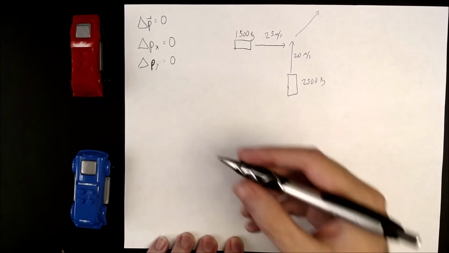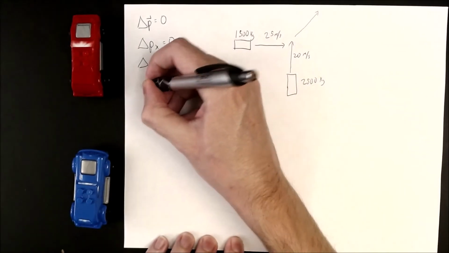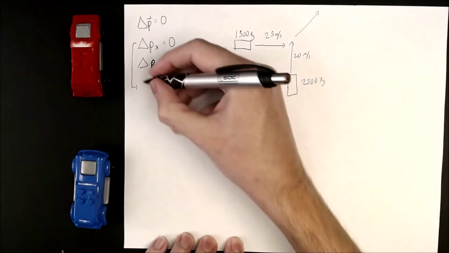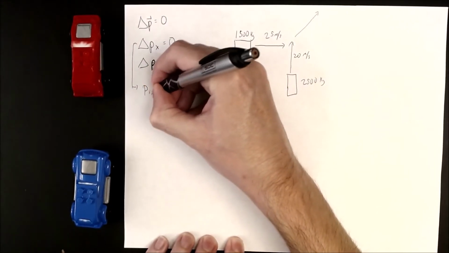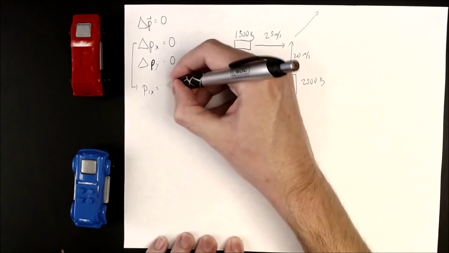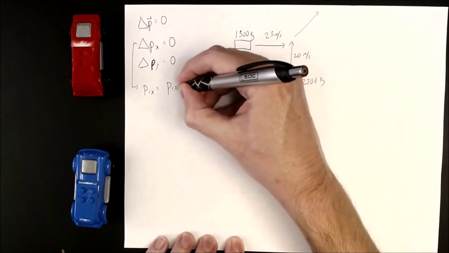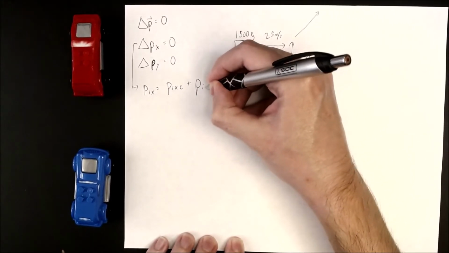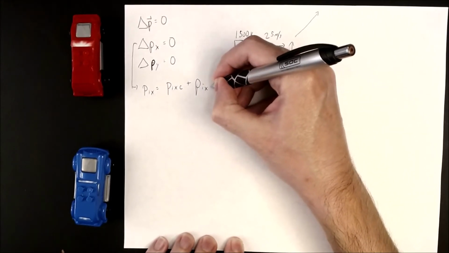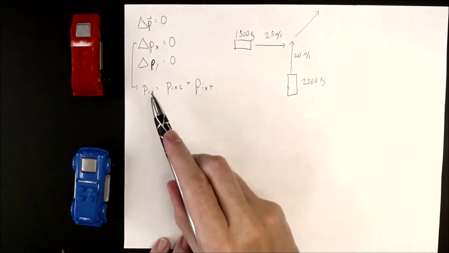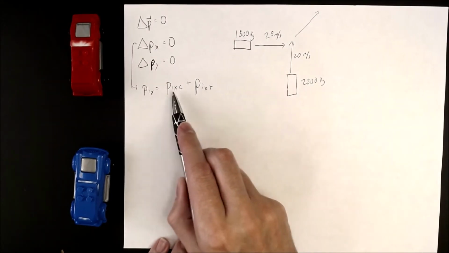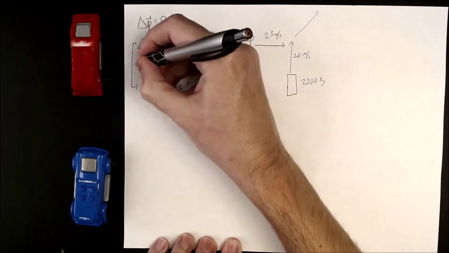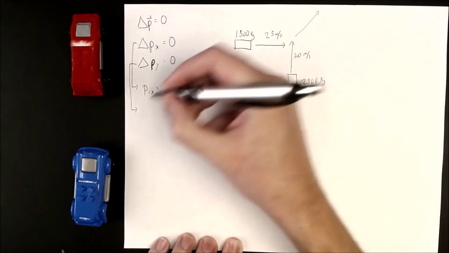Let's start writing this stuff down. Delta px is equal to 0. I'm going to look at this one first. P initial x is going to be the initial momentum in the x direction for the car plus the initial momentum in the x for the truck. Notice what's happening here. Suddenly I've got more and more subscripts to deal with. We're going to have the same thing here.